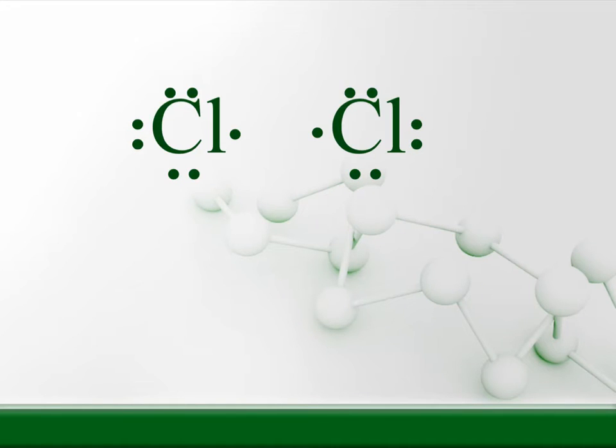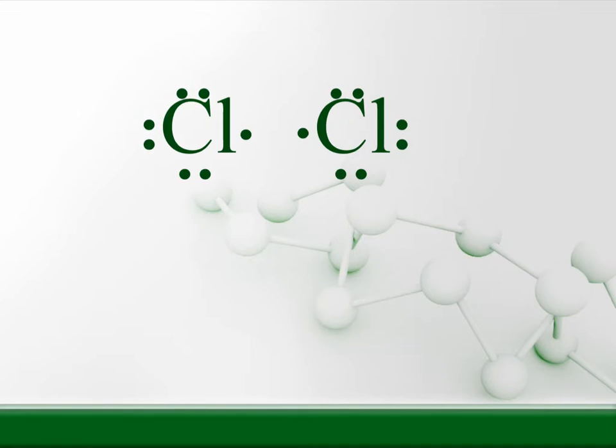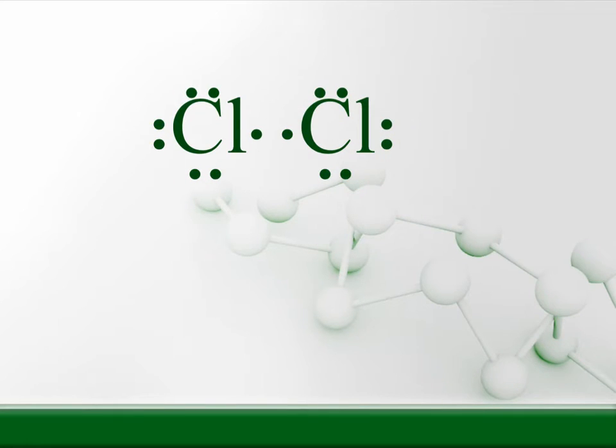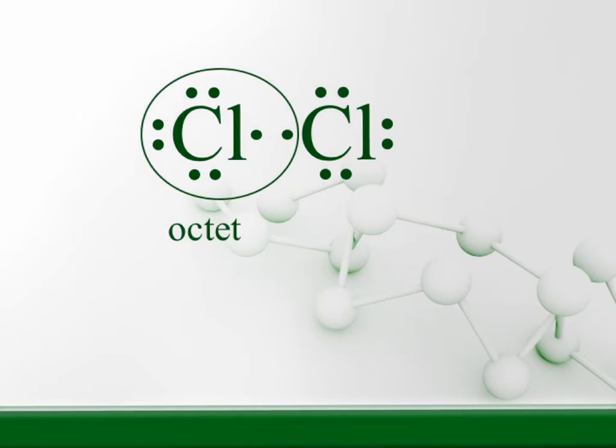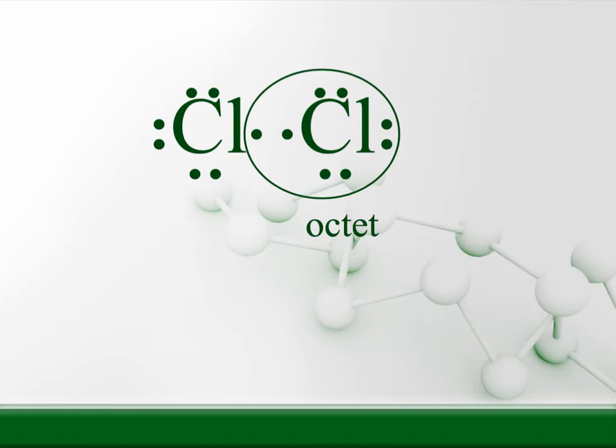So we have two chlorine atoms. Both of them have 7 valence electrons and they want to gain one. We see that we're going to move closer together and we're going to share these 2 valence electrons. When we do that, each chlorine ends up with an octet. And so therefore, each chlorine atom is stable.